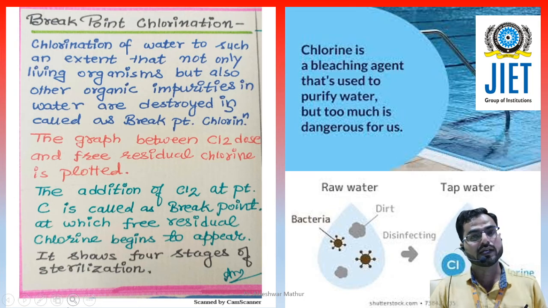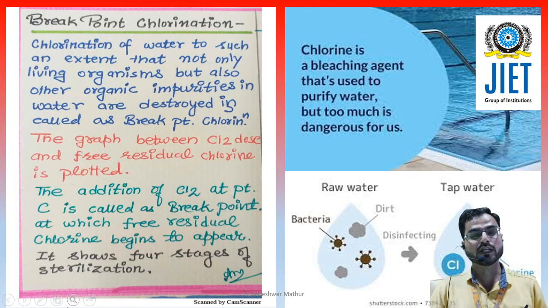It is the addition of chlorine to the potable water with regular watch to perform two types of functions. Number one, oxidation of the organic compounds present in the water, and second, decomposition or destruction of the microorganisms or pathogens present in the water to provide us the safe water.